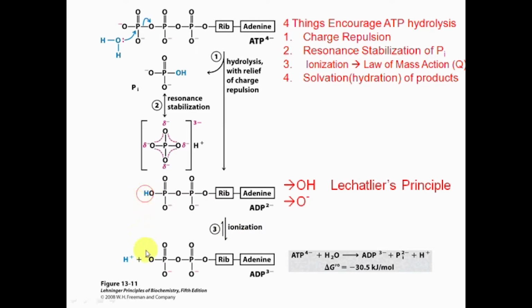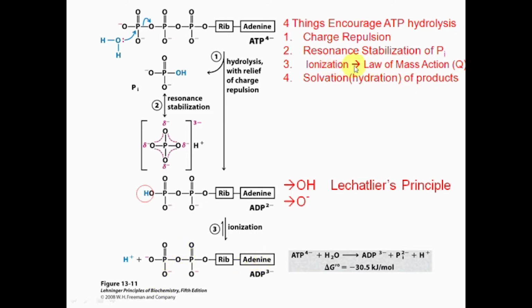As we remove that, we see that we have a charge right here. And that's going to allow for greater solvation or hydration of the products. Water is going to form little hydrogen bonds with these negative charges. And so you're forming new weak bonds, which would lower the energy state and make it more stable.